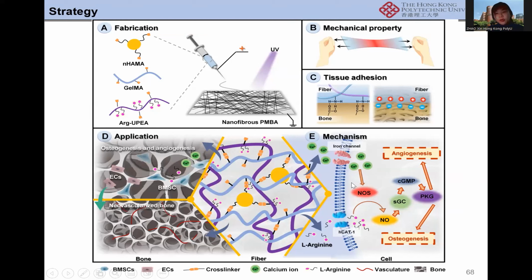It can increase the nitric oxide synthase, and the arginine is the precursor of the therapeutic gas nitric oxide. So with these two elements, we can increase the production of nitric oxide gas, and we can activate the signaling pathway to have both angiogenesis and osteogenesis.